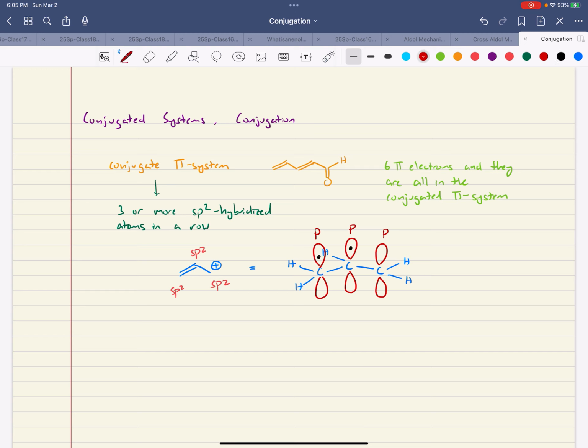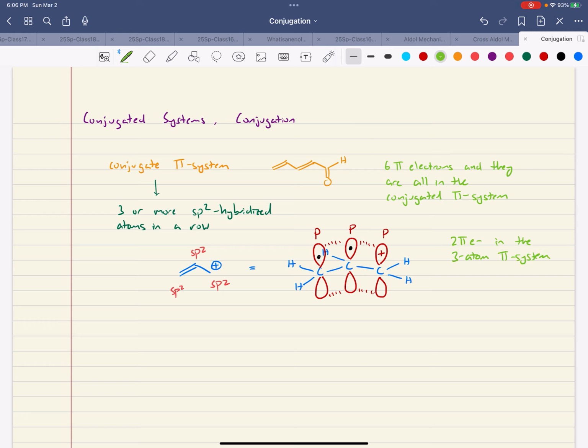And so there's communication or overlap of these p orbitals, and those 2 pi electrons are in those orbitals. But remember, with the carbocation, you have an empty p orbital, but they are also aligned. So what I would conclude here is that there are 2 pi electrons in the 3 atom pi system.